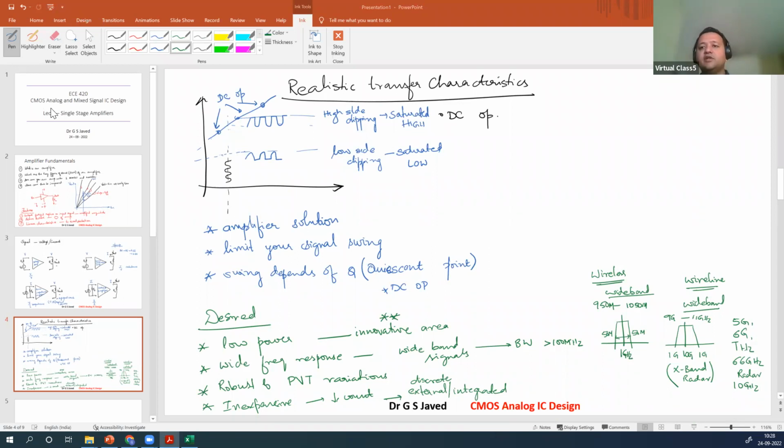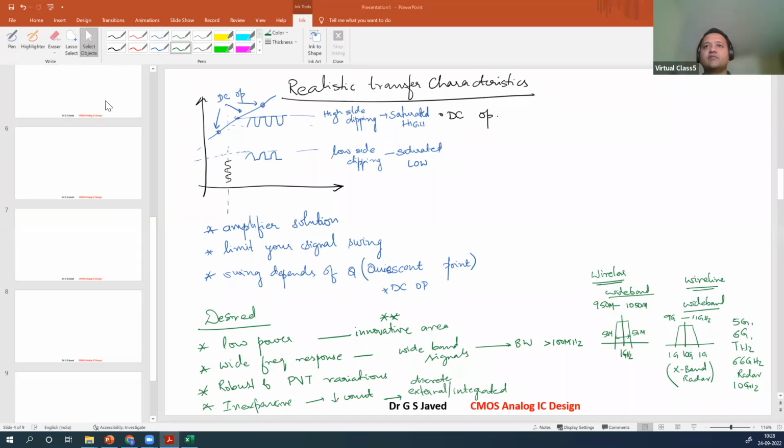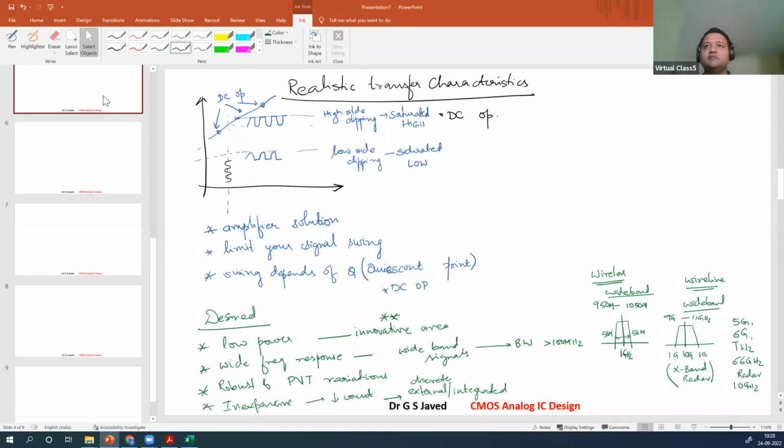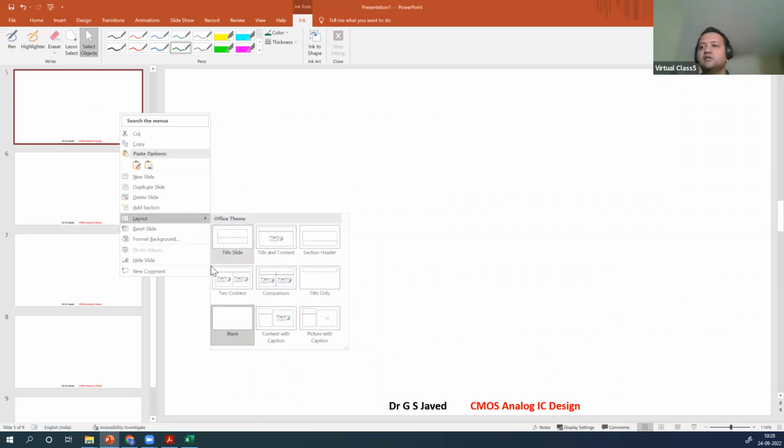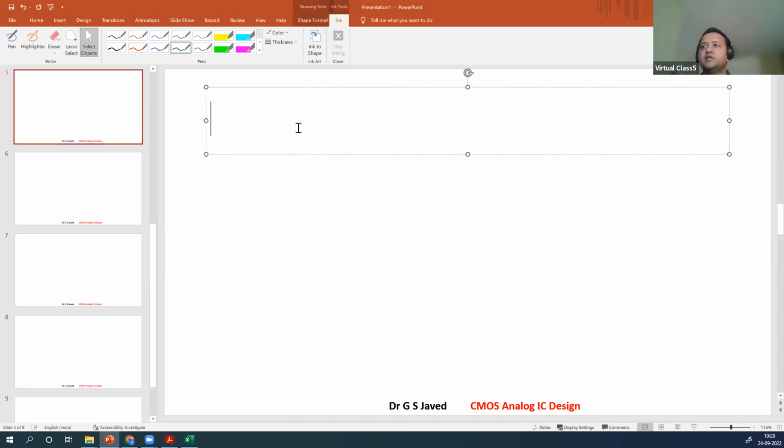Now let us convert this into MOS devices, right? How are they going to be represented? So this section of the content, we will call it as CMOS amplifier configurations.